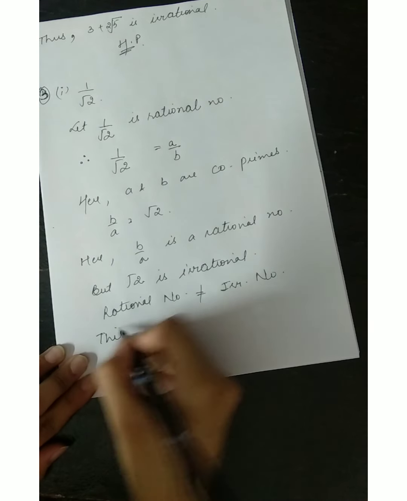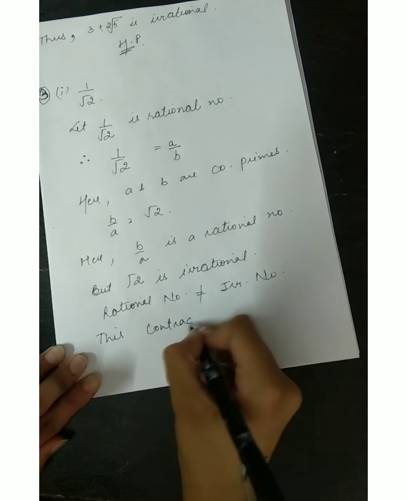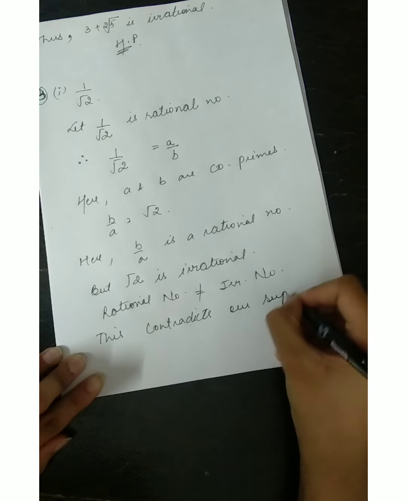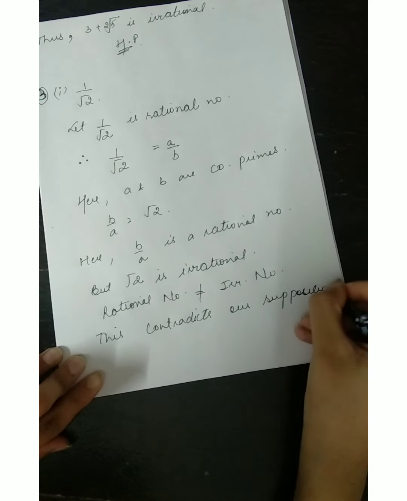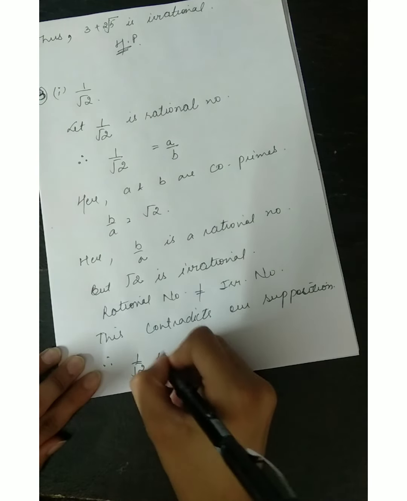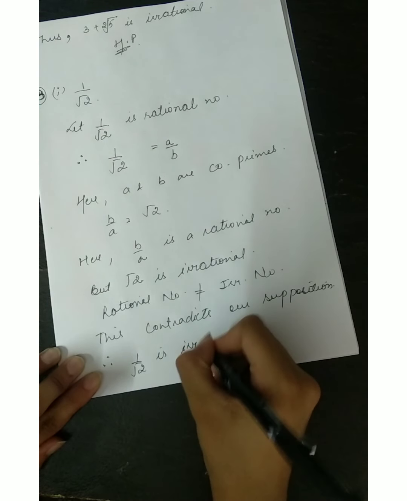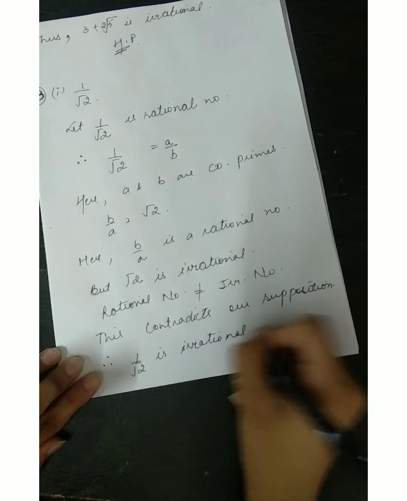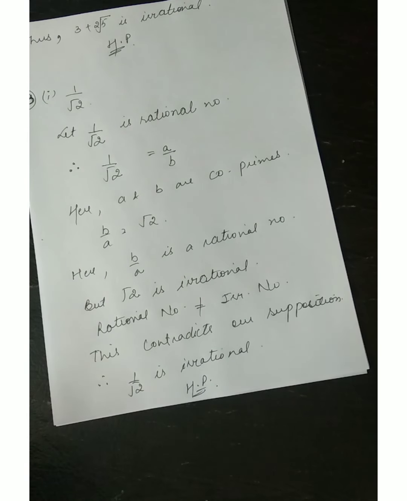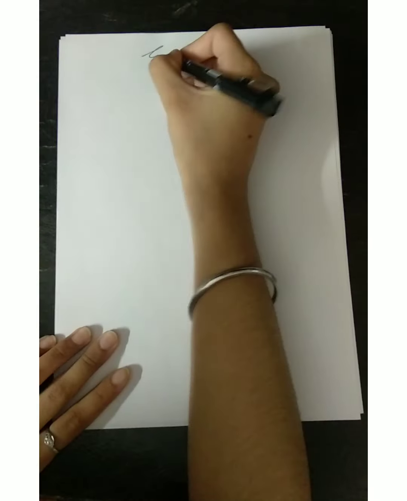Therefore, this contradicts our supposition. Therefore, 1 upon root 2 is irrational, hence proved.